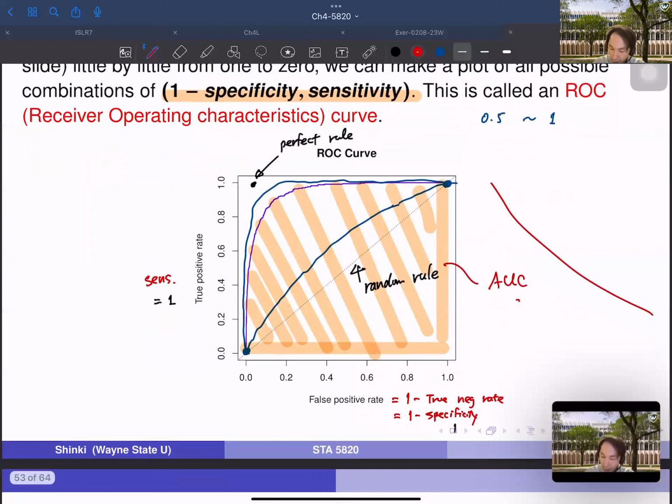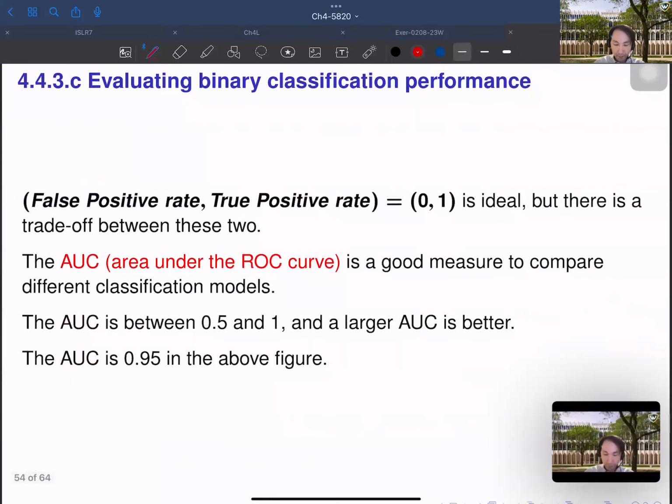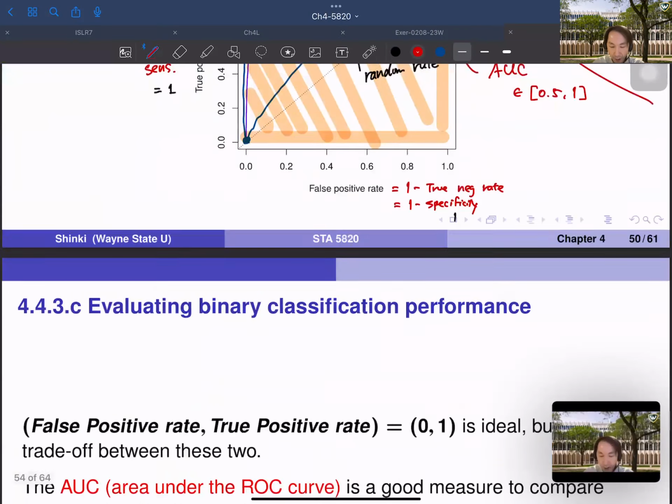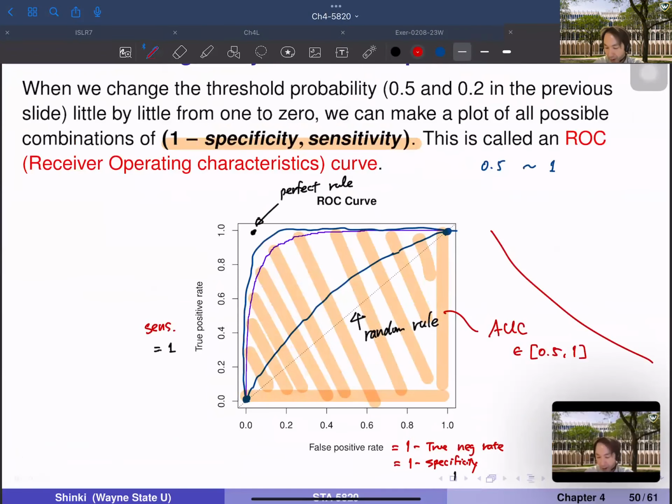So this is between 0.5 and 1. It depends on the context, but if AUC is only 0.51 or 0.55, that isn't really a good test. And if AUC is 0.8 or 0.9, that is a reasonably good classification rule.